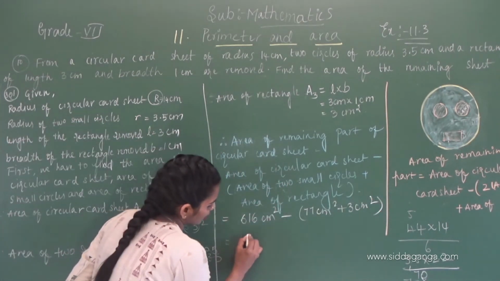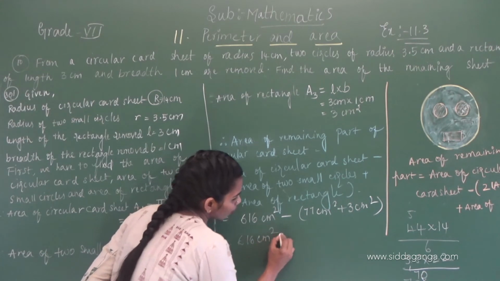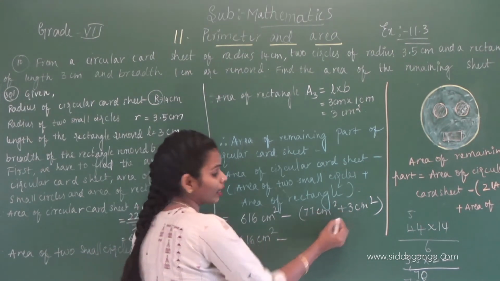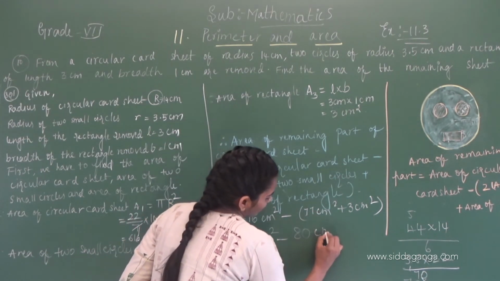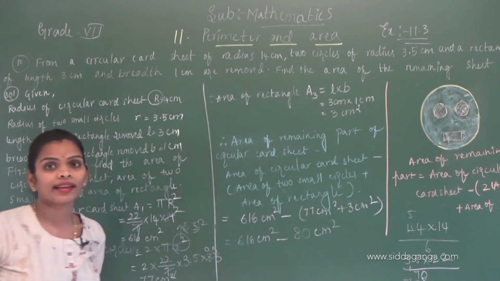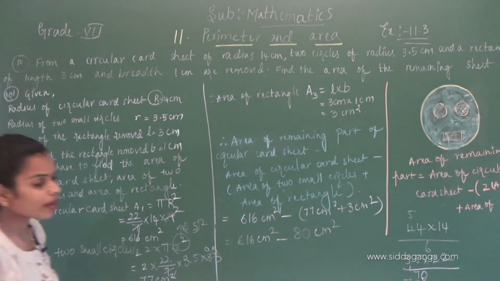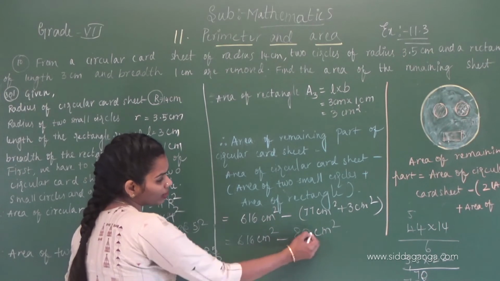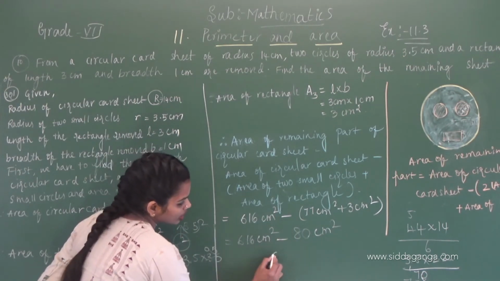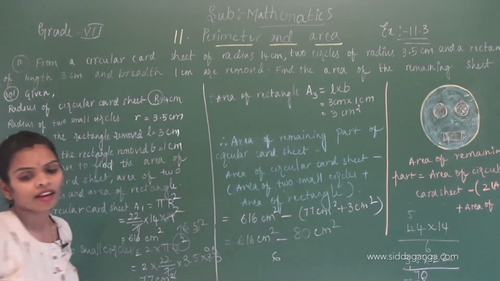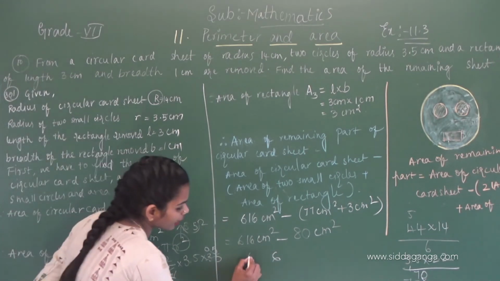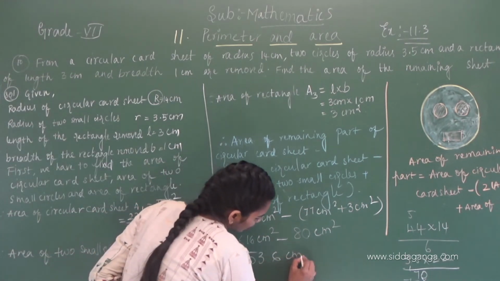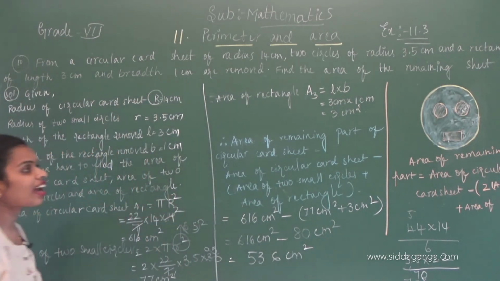Okay, next 616 centimeter square minus 77 plus 3, 80 centimeter square. 616 minus this one, 6 minus 0, 6. 61 minus 8, 53 centimeter square.